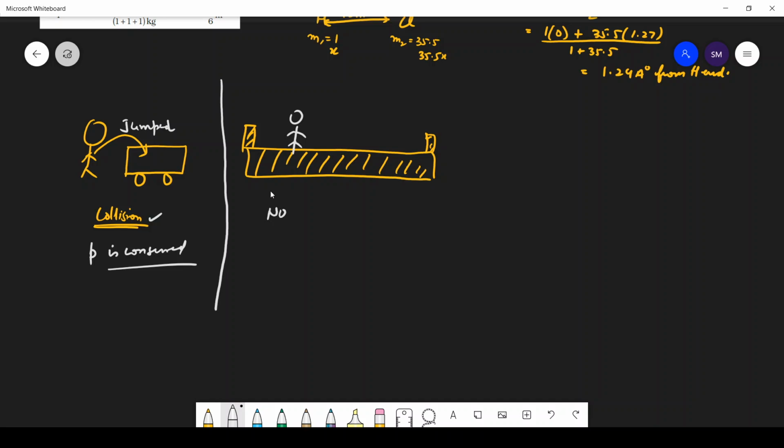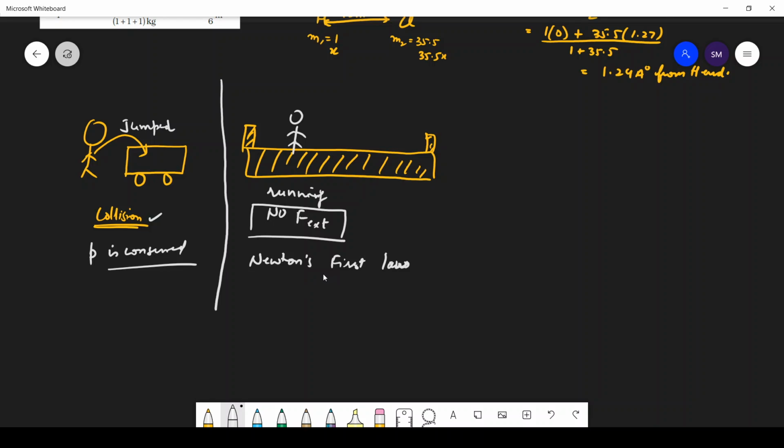So if he is running or moving in the trolley, F external is zero, so no external force is there. If there is no external force, then according to Newton's first law, and even the second law, if F is equal to 0, then a is equal to 0.